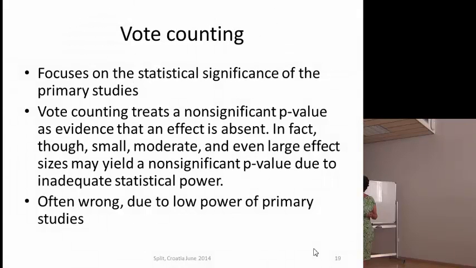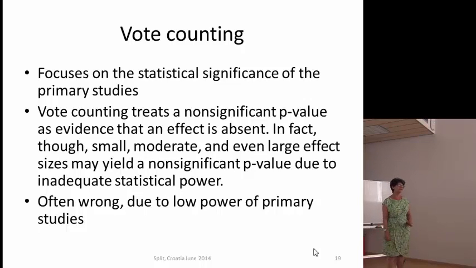Okay, so what's the problem with statistical significance testing? The problem with vote counting here is that it treats any non-significant probability value as if the effect were absent. And as your statistics teachers probably have tried to drill into your heads, absence of evidence is not the same as evidence of absence.